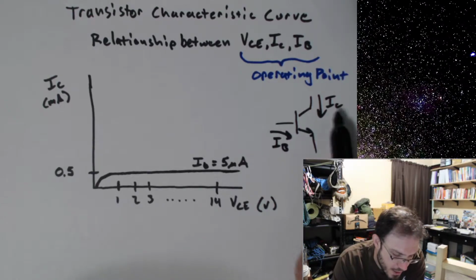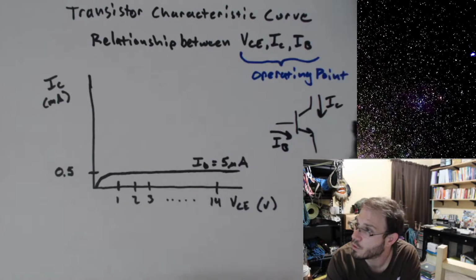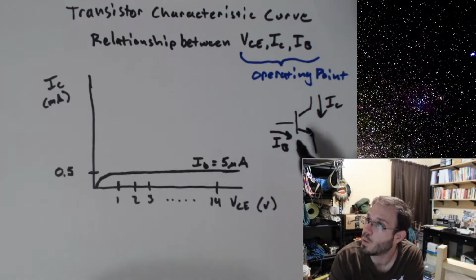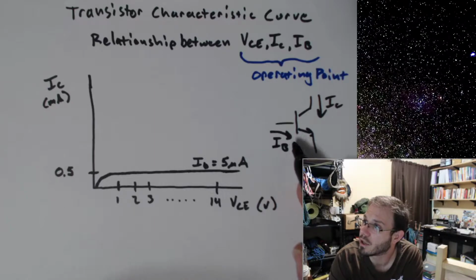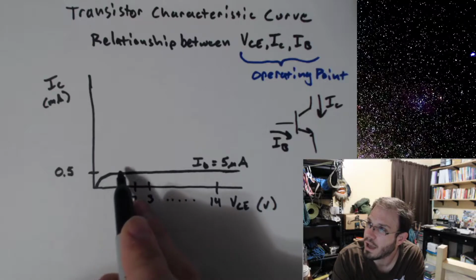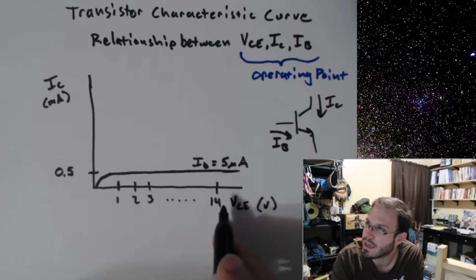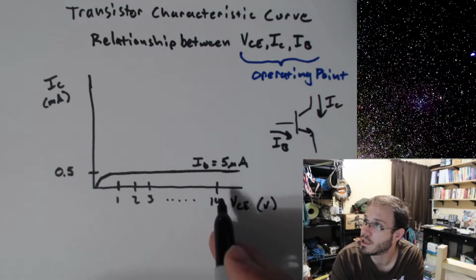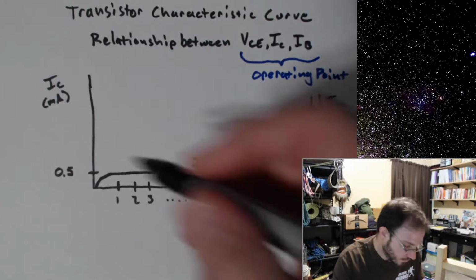The collector current is equal to beta times the base current, so if we increase the base current, we should get more collector current. But notice we're plotting it as the collector to emitter voltage goes up.